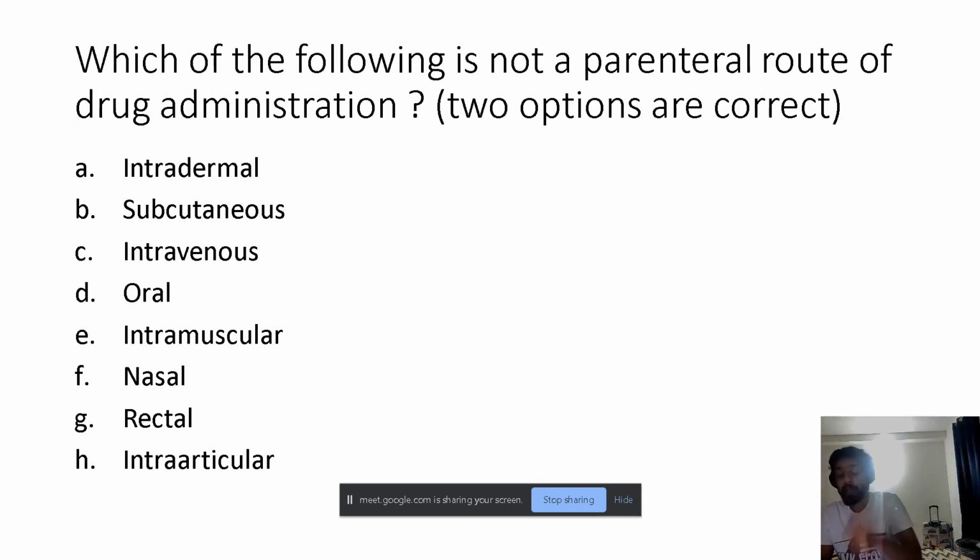But mostly nasal gives access to the respiratory system and central nervous system. It does not go to the digestive system. For something that's not parenteral, it has to go to the digestive system, right? So oral and rectal are the two modes of drug administration that go into the digestive system. So those two are the correct options.